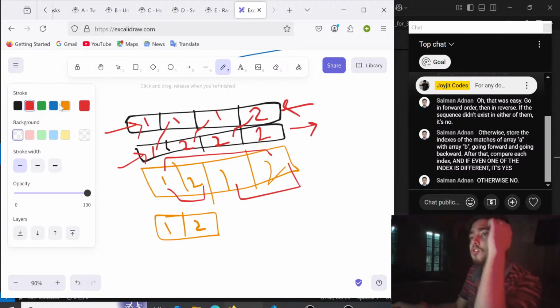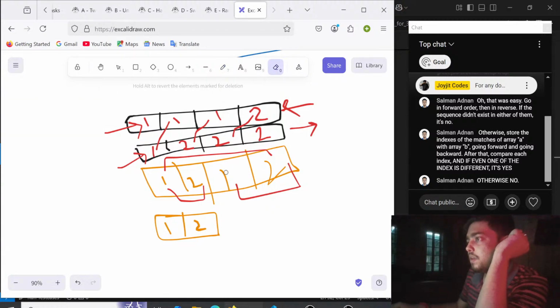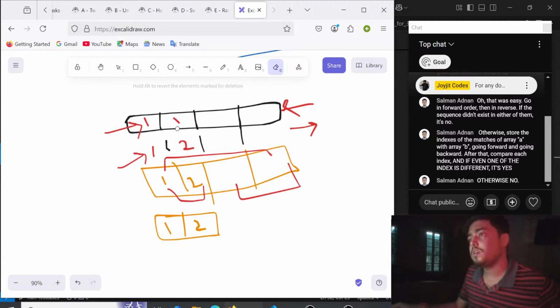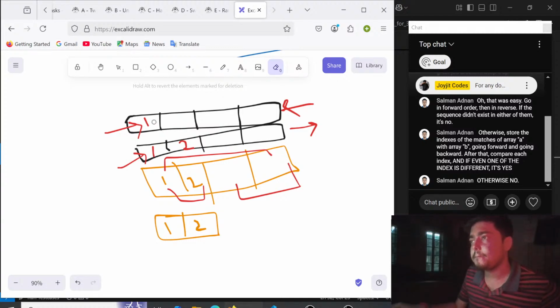Now let's go for a no condition. Let's say I'm going to modify this only. Let's modify this.